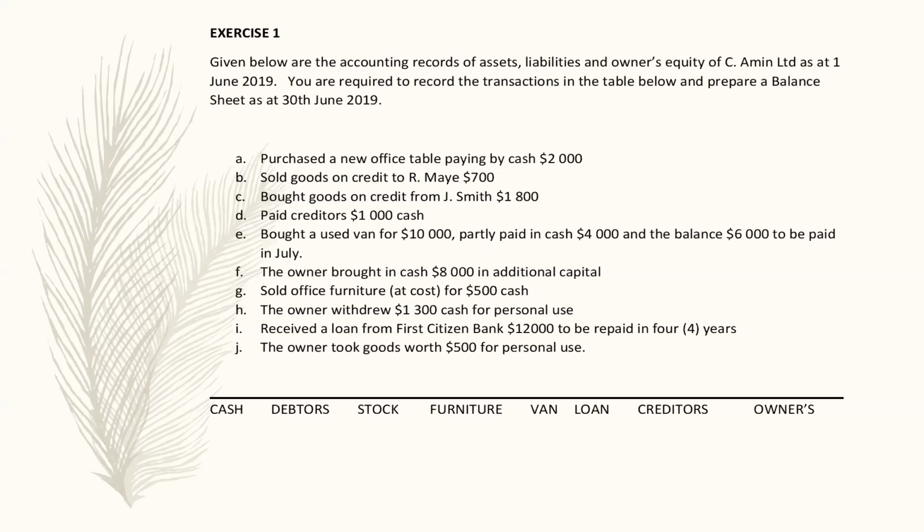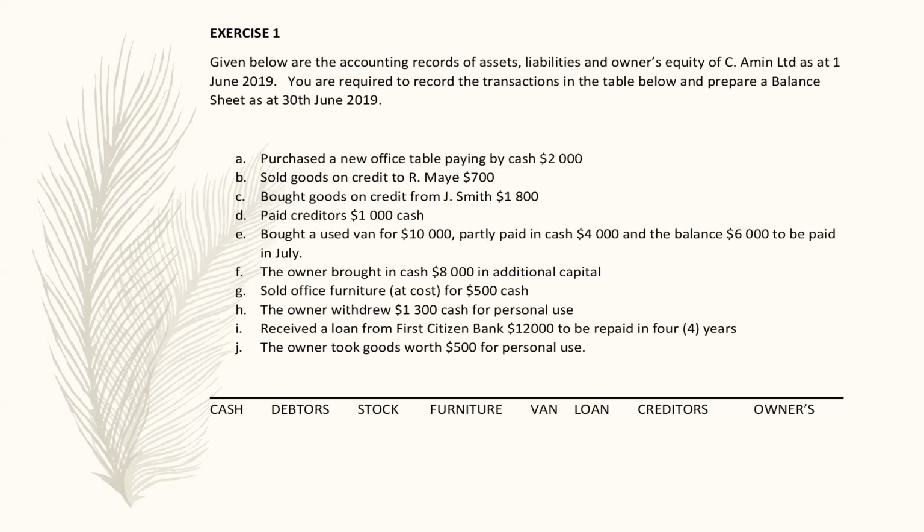H, the owner withdrew $1,300 cash for personal use. If the owner took out cash from the business, it's going to reduce your cash. So you put minus $1,300 under cash, because money was taken out of the business by the owner.